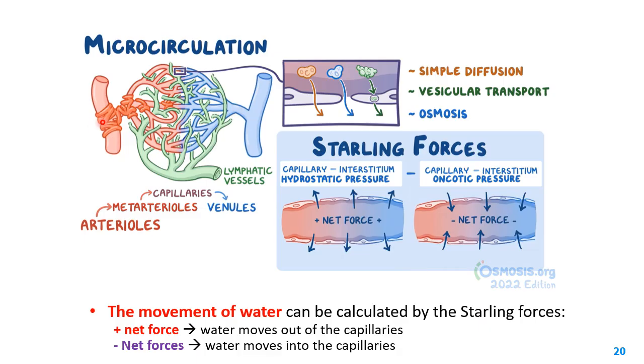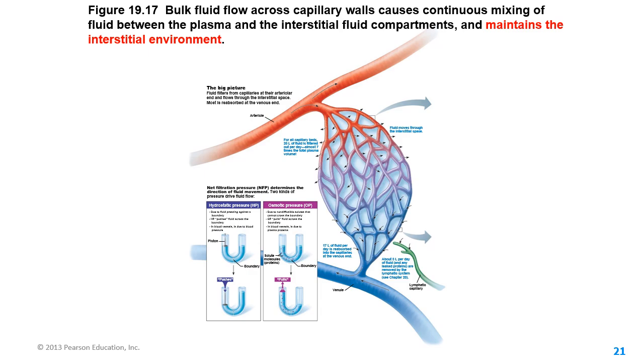You have your arterioles that have the muscles, and then it goes to the capillaries that do not have the muscles. And here you have your forces, either favoring filtration or favoring reabsorption. So this is also from the book, showing the little picture.